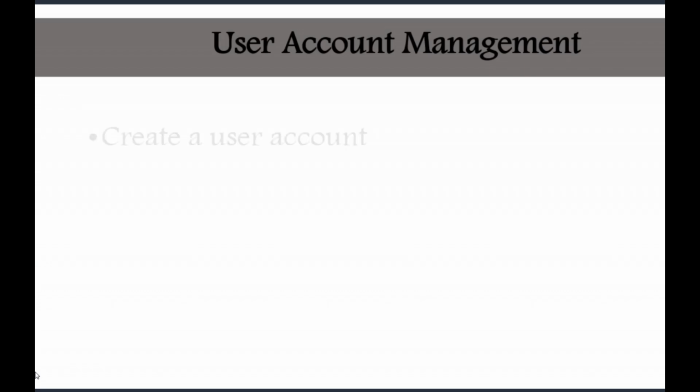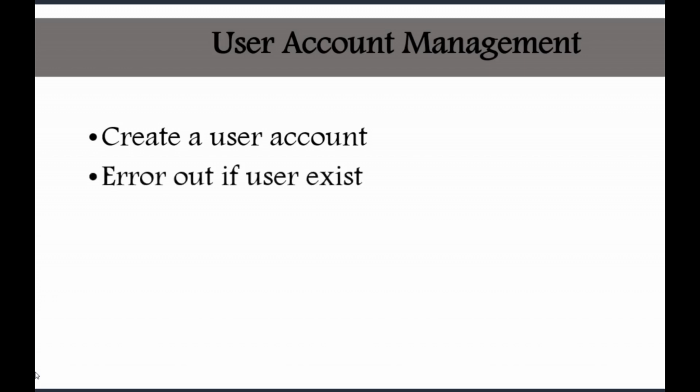What we are going to cover in this lesson is, first, a script that will simply create a user account by just asking what the username is, and the user account is created and done. The second script will error out if the user already exists.